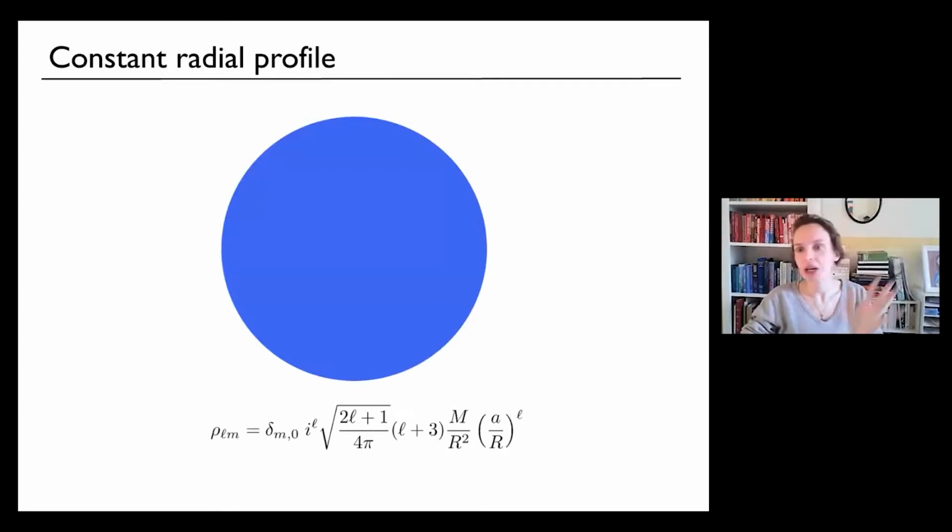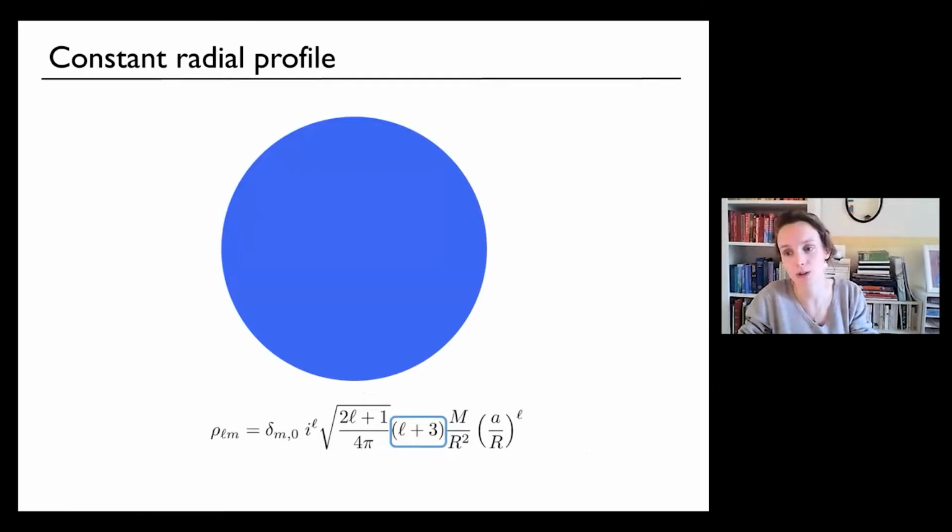Now, you may say, okay, weird profile, I don't like thin shells, give me some other profile. Sure, we can do that too. So for instance, if you choose a constant radial profile with almost identical rho LMs, in fact, these are identical to the thin shell model up to this numerical factor, then again, you'll find that the mass multipole moments of this model are equal to those of Kerr.